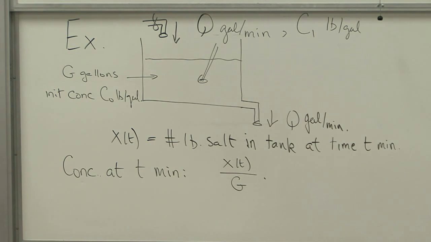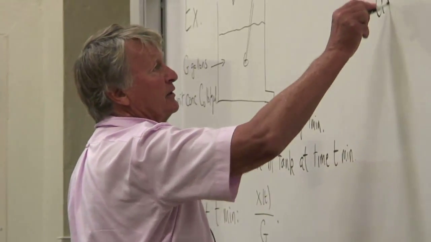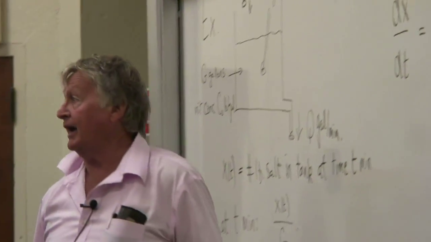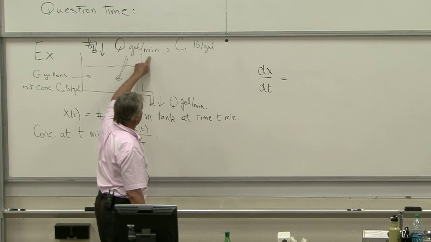The equation we set up is essentially we compute the rate of increase of pounds in minus out. And that will give us the net increase of the number of pounds of salt per minute in the tank. The input rate, it's coming in at a rate Q gallons per minute.